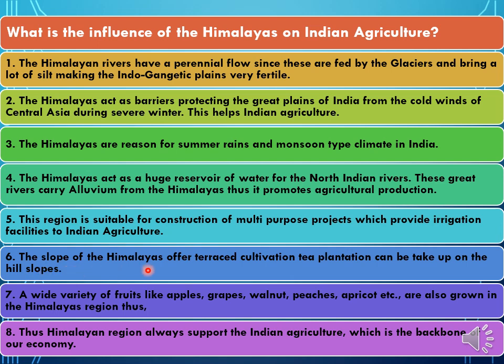The slopes of the Himalayas offer terraced cultivation, and tea plantation can be taken up on the hill slopes. A wide variety of fruits like apple, grapes, walnut, peaches, apricot, etc. are also grown in the Himalayan region. Thus, the Himalayan region always supports Indian agriculture, which is the backbone of our economy.